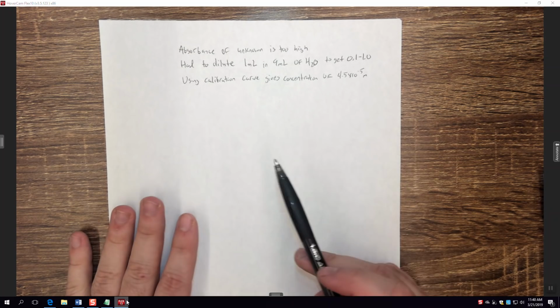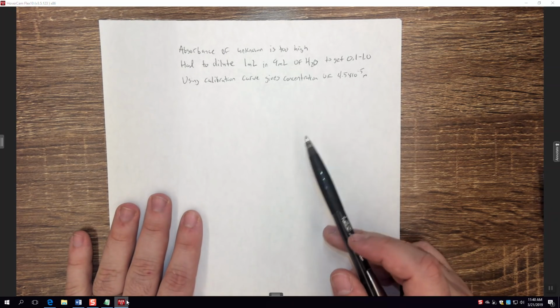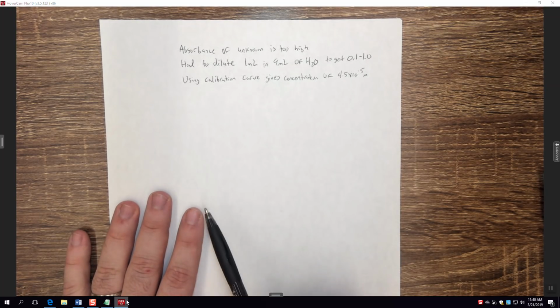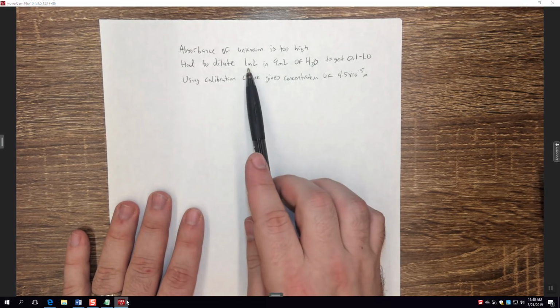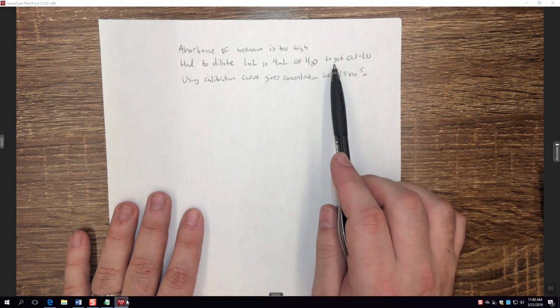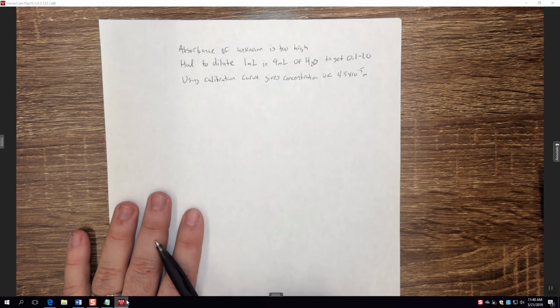So if we dilute it, how do we figure out the concentration of our initial solution based on the concentration that we're going to calculate using our calibration curve? Well, to help you with that, I've created an example of this type of problem. So we found that the absorbance of the unknown was too high. So we had to dilute 1 milliliter of the unknown in 9 milliliters of water in order to get it on the 0.1 to 1 range.